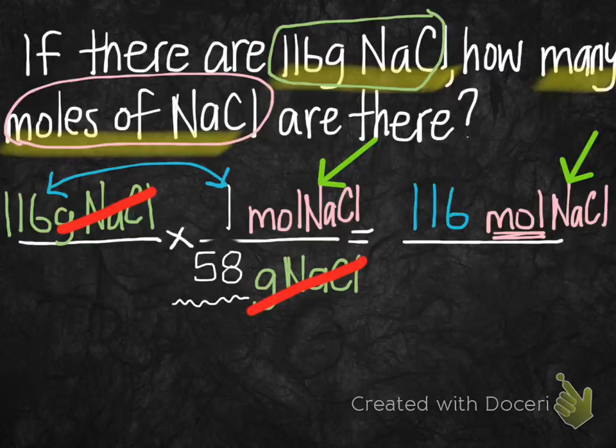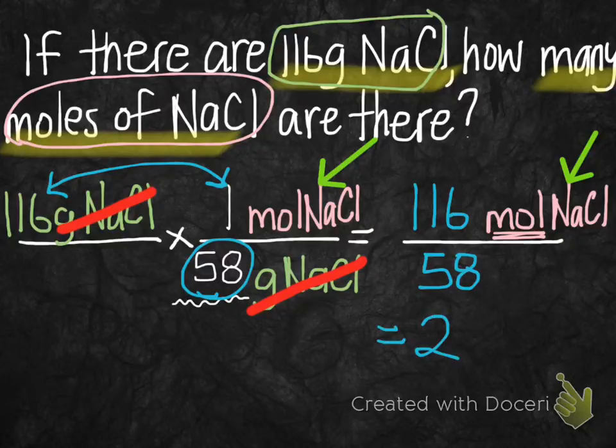That's not the answer. We have to divide by 58. If you do the math, 116 divided by 58 is 2. The answer is 2 mole NaCl.